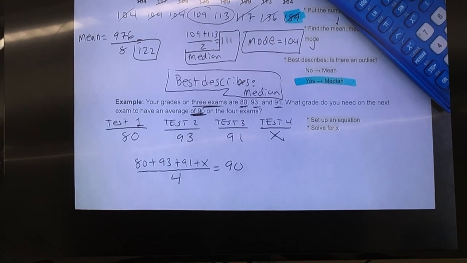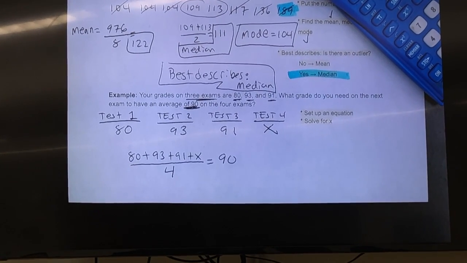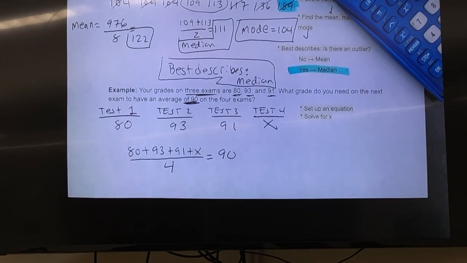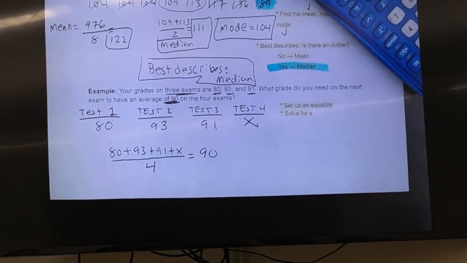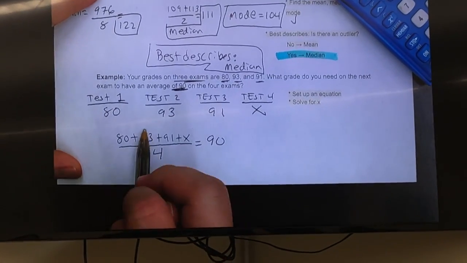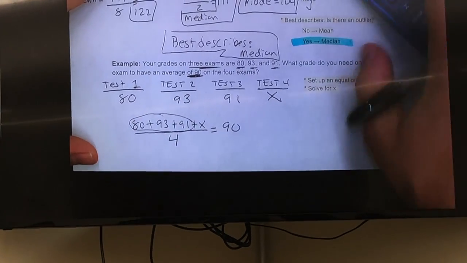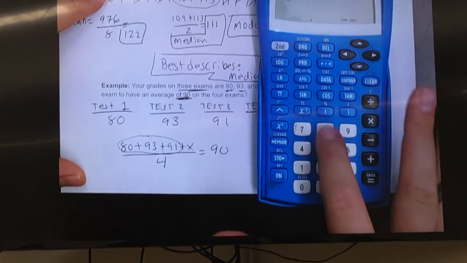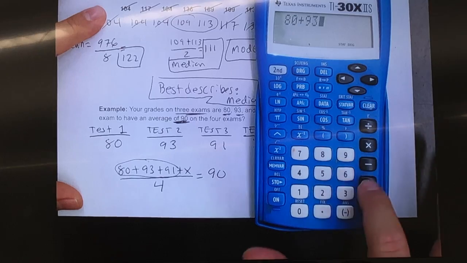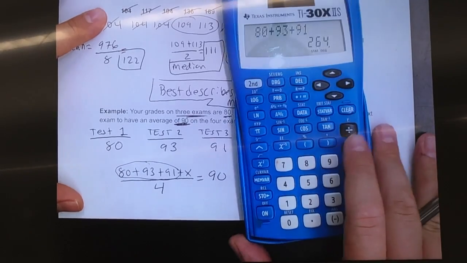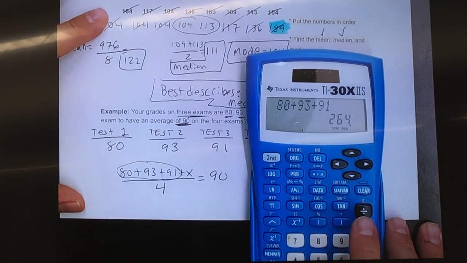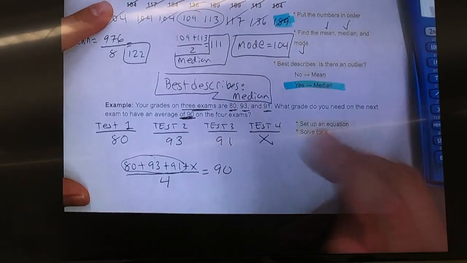You guys can actually do this in your math classes, right? If you're trying to figure out what you need to get on the next test to receive a certain grade, this is how you set it up. Let's go ahead and add these 3 numbers together. So 80 plus 93 plus 91 means that you've received 264 points so far.